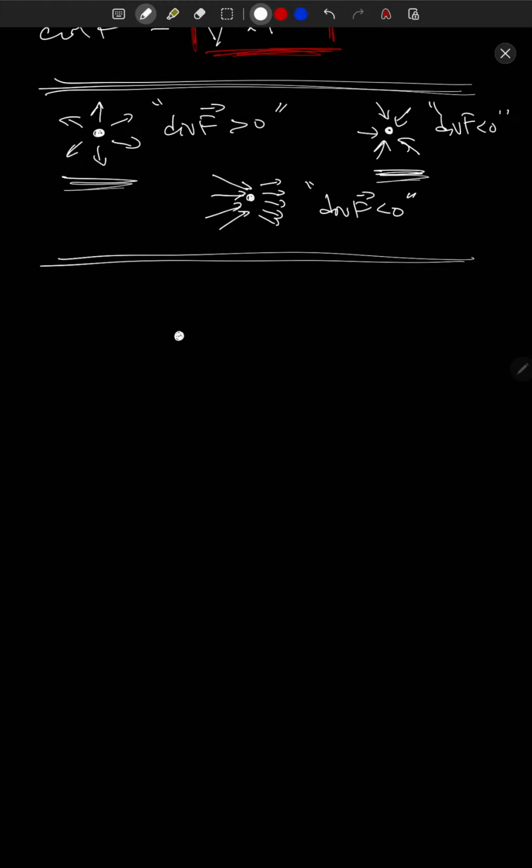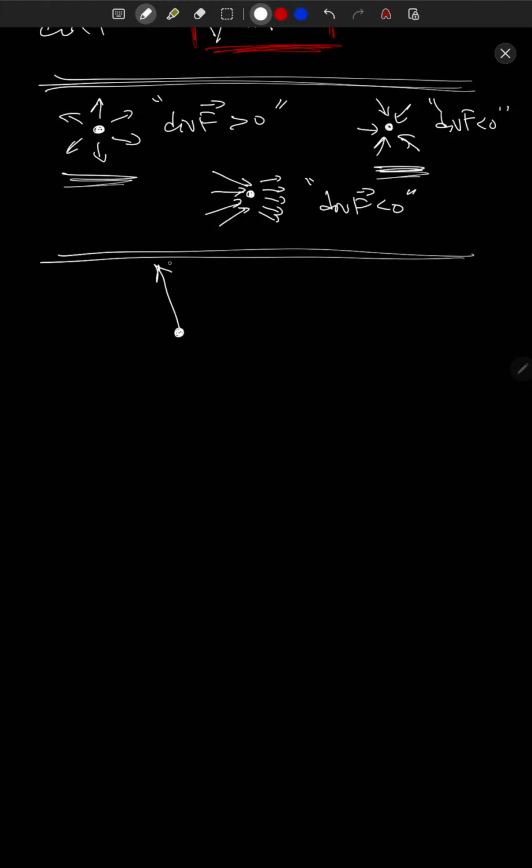Well, the direction of the curl. So let's say we're at a point right here, and we're looking at the curl of f, and it happens to be this vector right here. This is again in space.